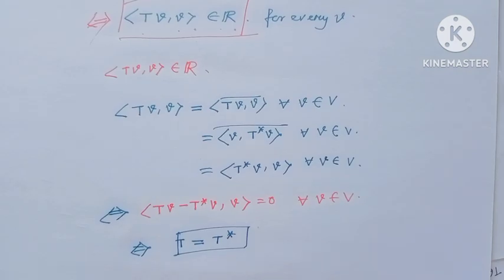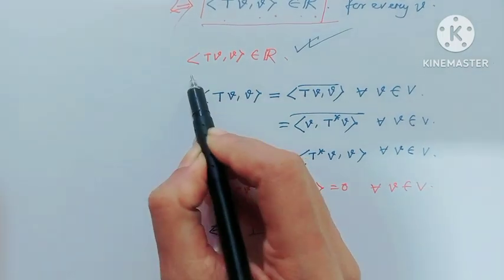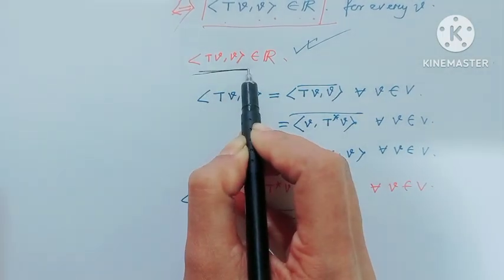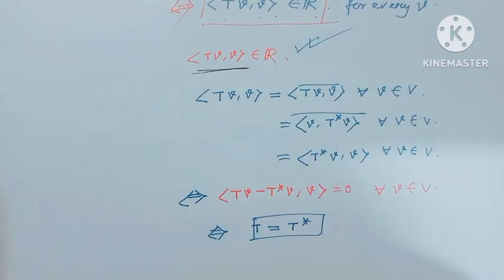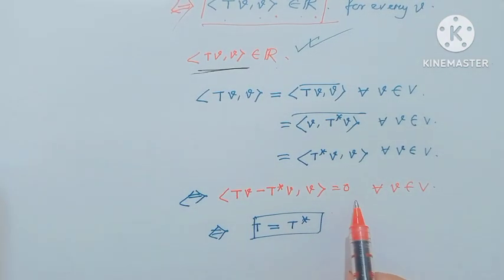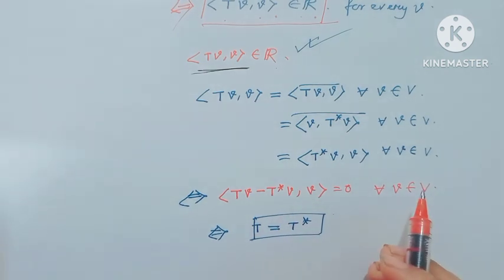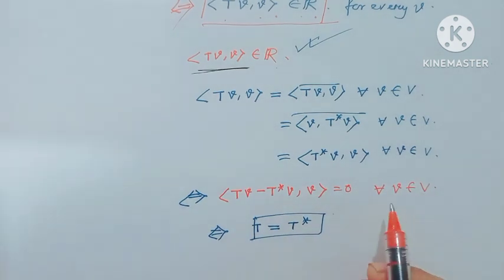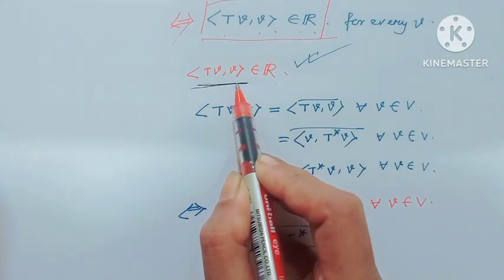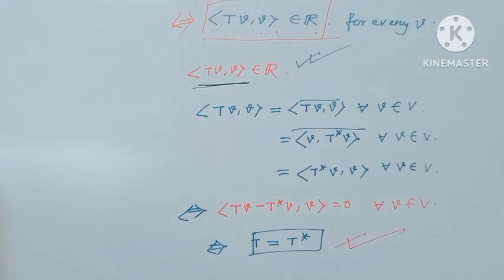I hope all my viewers have understood this. Here one thing is noticeable: since the inner product of Tv with v belongs to the real numbers, the left hand side of the equation would be 0, because a real number equals its complex conjugate, since the inner product of Tv with v belongs to the real field, and that implies the operator T is self-adjoint.